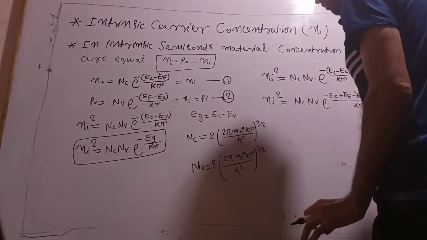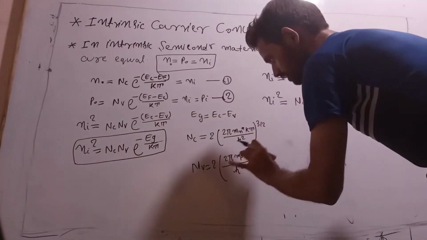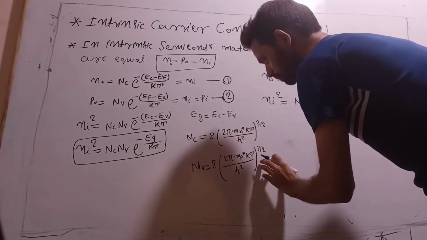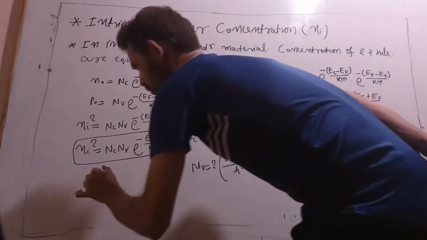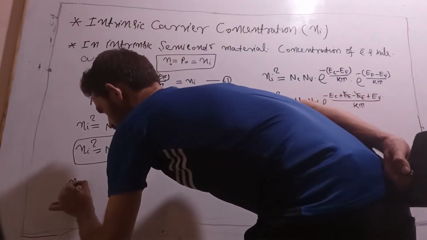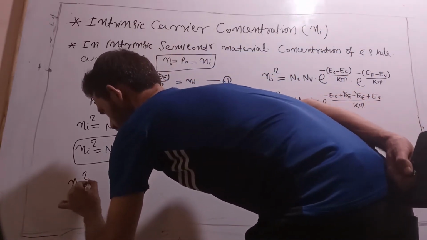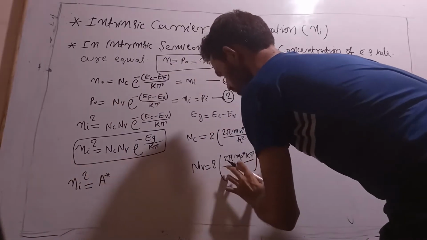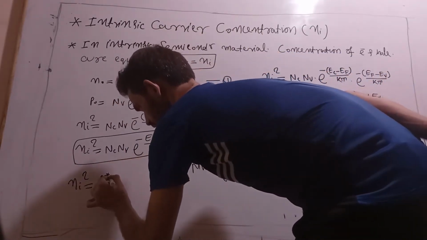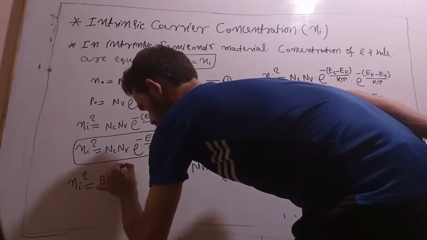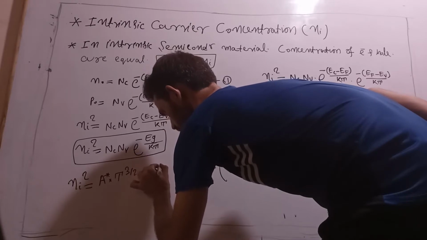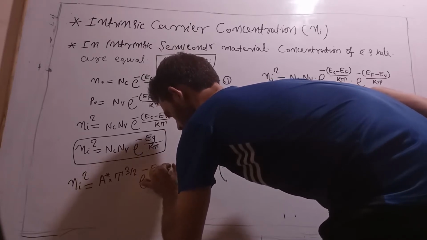Now if you take all constants except temperature, we find ni square is equal to A star into T to the power 3 by 2 into e to the power minus Eg by kT.